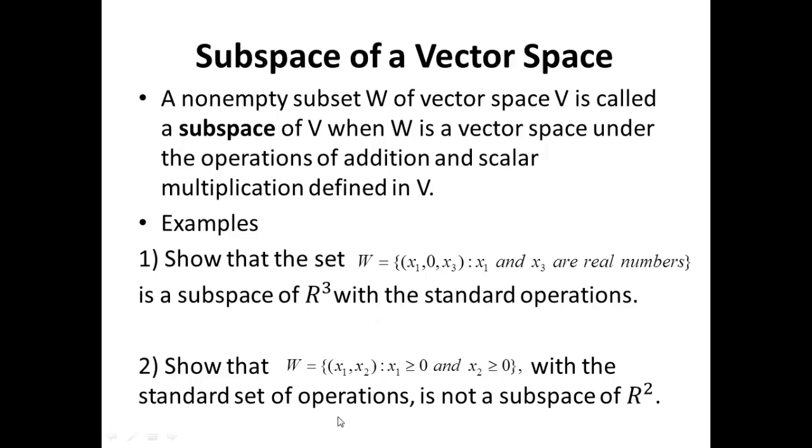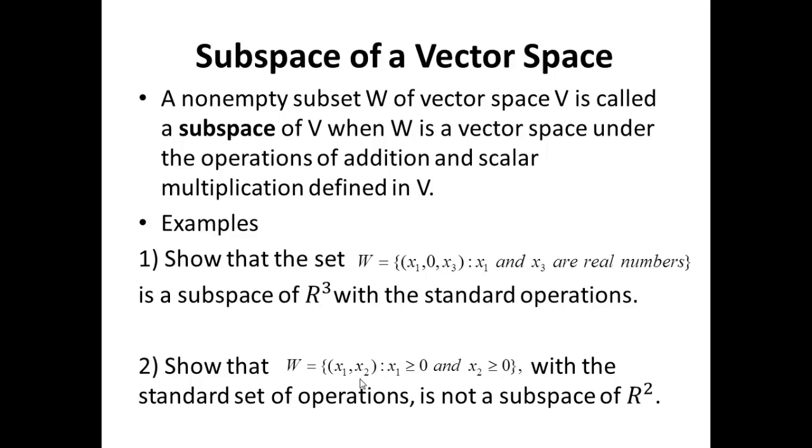Now let's go back to this second example. Just looking at this and keeping your focus on the 10 axioms we saw for a vector space, would W be a vector space? Remember, one of the conditions, I think condition number 6, is that it has to be closed under scalar multiplication, i.e. if u is in W, then alpha times u has to be in W. Now take your scalar alpha to be -1 and let x1 and x2 be positive numbers, say 1 and 2.